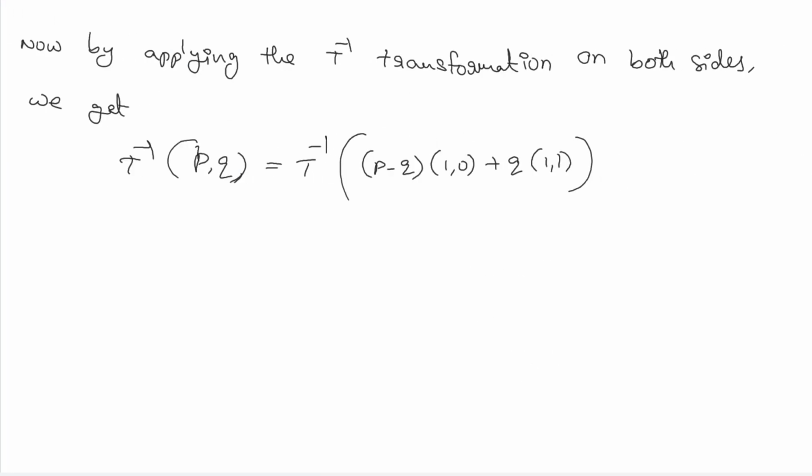Then by the definition of linear transformation, this can be written as P minus Q times T inverse of 1 comma 0 plus Q times T inverse of 1 comma 1.